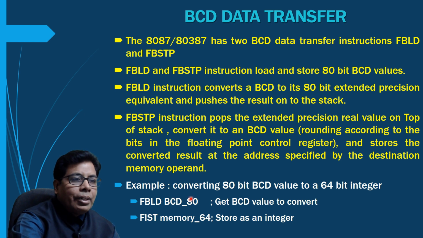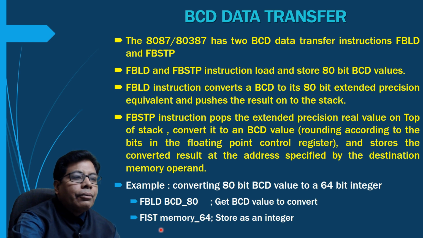When we take the example here, if you want to convert an 80-bit BCD value to a 64-bit integer, then we can use the FBLD instruction, FBLD BCD 80. Here we are getting the BCD value to convert, and when we give this instruction, it will go to the top of the stack.